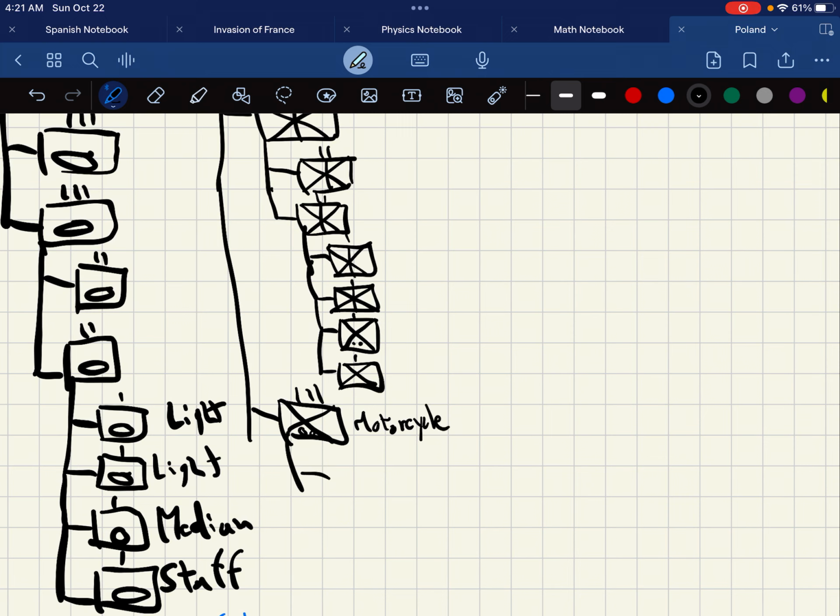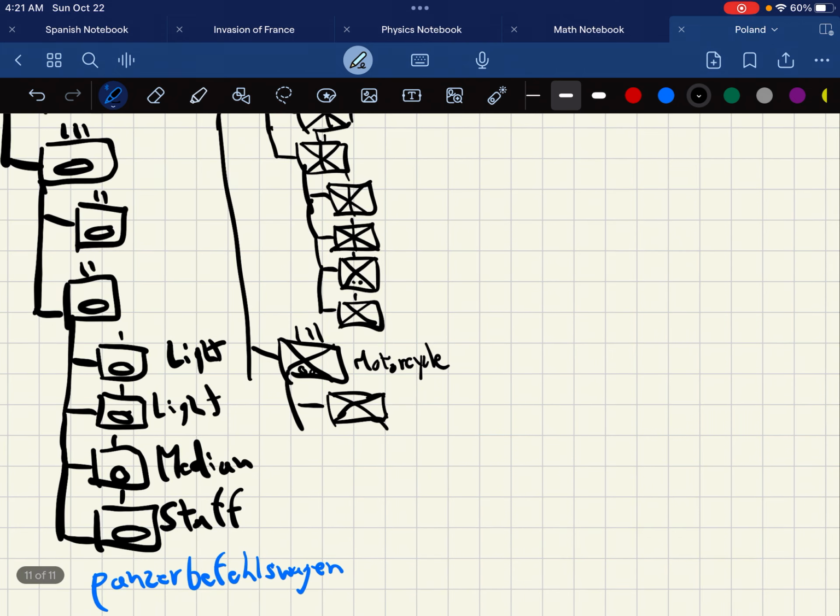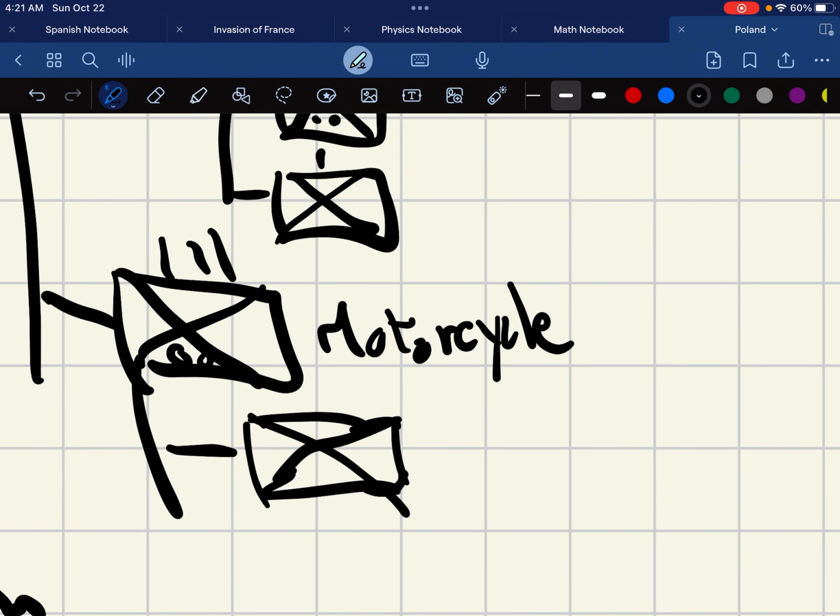And then the motorcycle regiment is, as you'd expect, they use motorcycles. So they're infantry, but they're mobile. They don't go on foot. But unlike the normal motorized infantry, which go on trucks and other cars, these guys go on motorcycles.